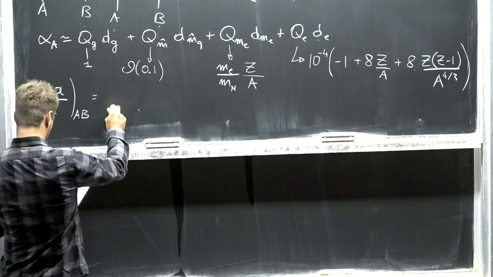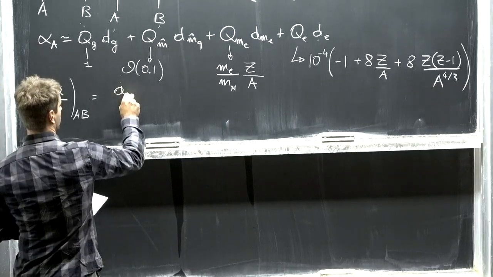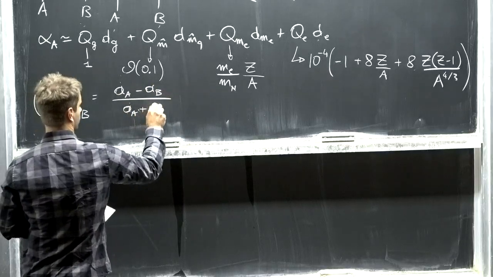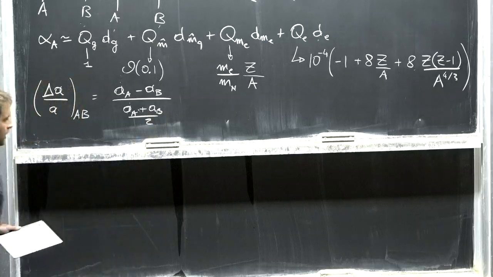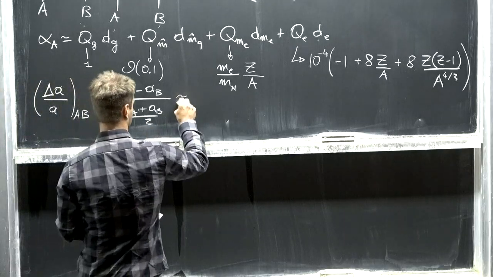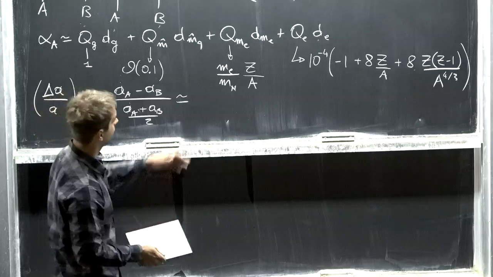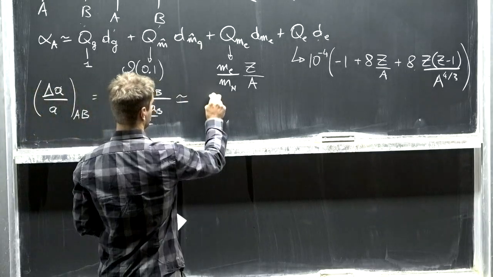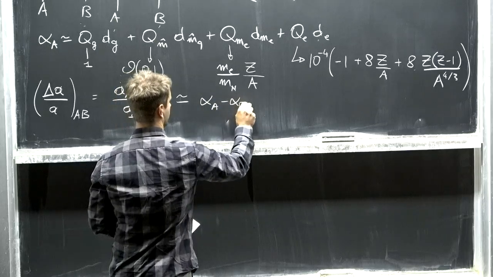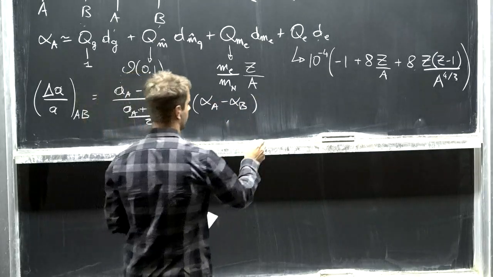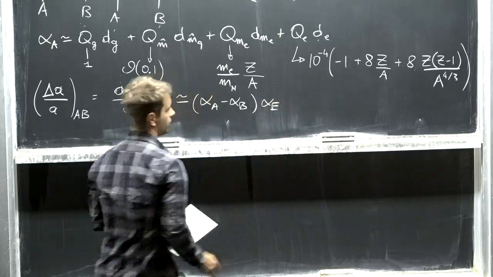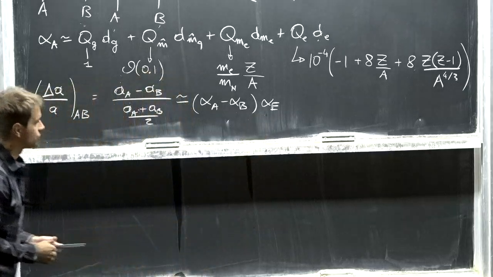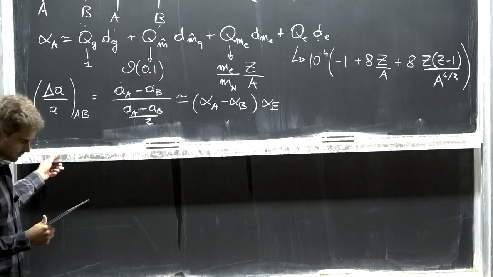So this would be the acceleration of A minus the acceleration of B divided by the average. And so this would be approximately, since for gravity these would be the same, in this case this would be proportional to this difference of alphas. So you need the composition dependence. And then, let's say, this effective alpha averaged over the Earth or the Sun, whatever the third body is.